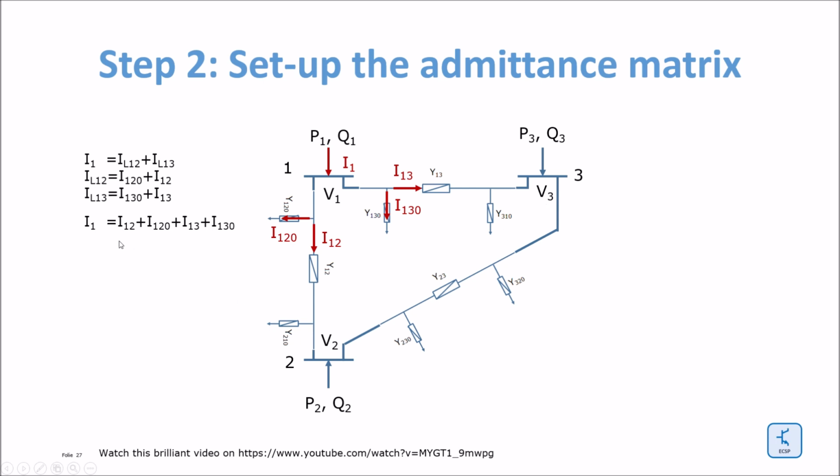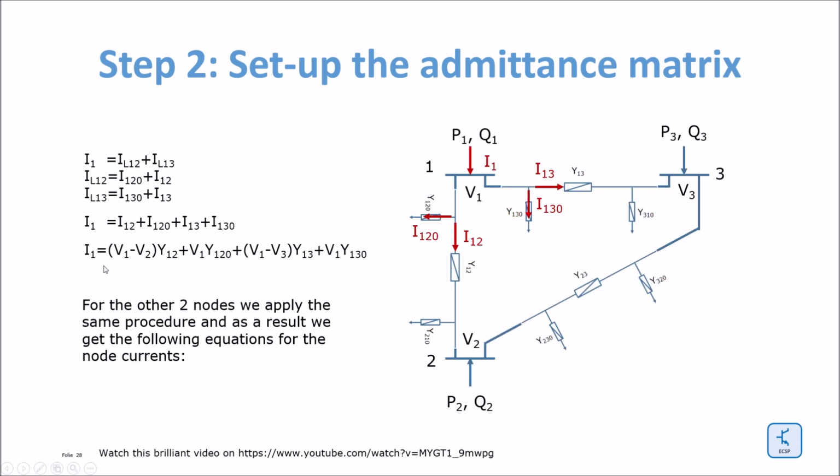And I can start to substitute all the currents which are on the right side of the equation by their respective voltages. I can do this like this. So the I12, this is this current here, I12 is equal to the difference in voltage across this link admittance times the link admittance.